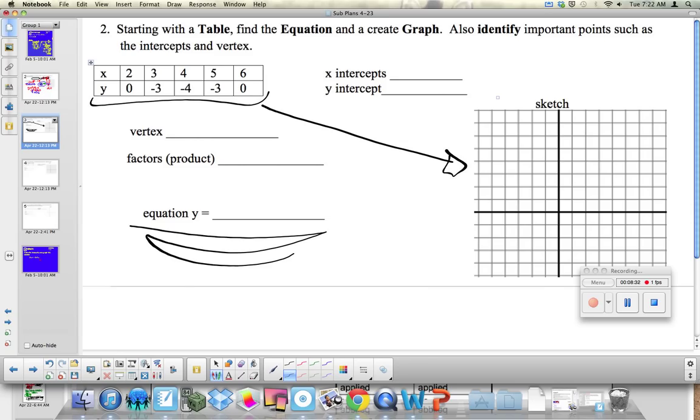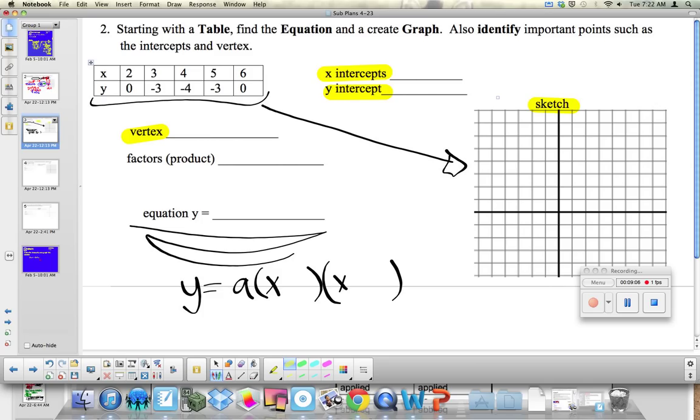But remember, the rule always looks like this: y equals a times (x plus or minus something) times (x plus or minus something). And so these factors, x plus something or x minus something, will always be associated with the zeros of the function. So once you grab the graph, think about how to figure those points out. But if you do everything else, you should be able to do the vertex, the x-intercepts, the y-intercepts for this problem. So I'll highlight the parts that you should be able to get just by making a nice graph and trying to look at the equation. Those 3 pieces should be easy, as well as the sketch of the graph.